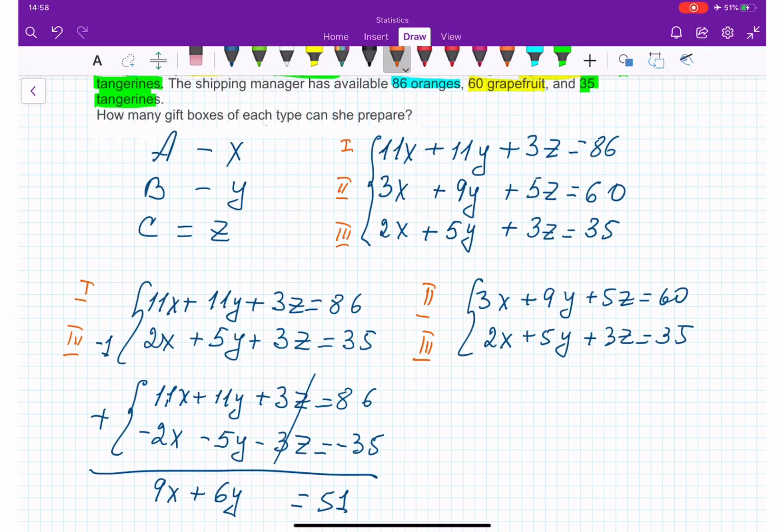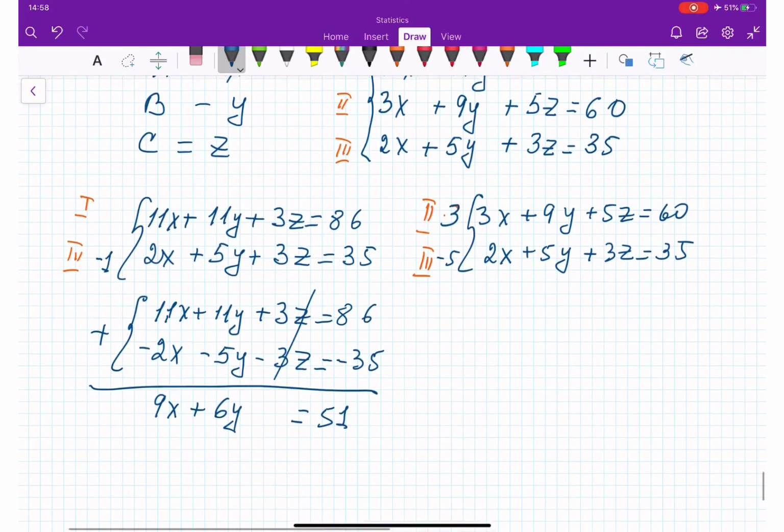So what do I have? 5z and 3z. So I'm going to multiply 3 and 5, and one of them has to be negative. So 5 I'm multiplying by 3, because I have 5z, 3z. To bring them to the same number 15, I can multiply 5 by 3 and 3 multiplied by -5.